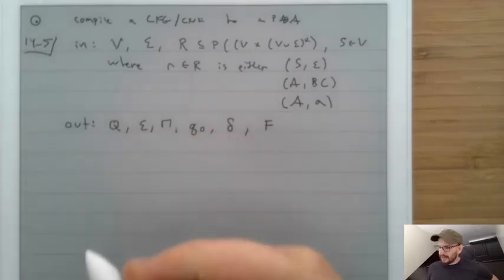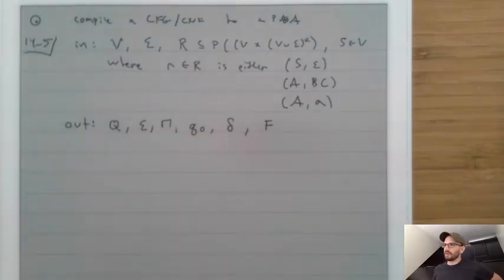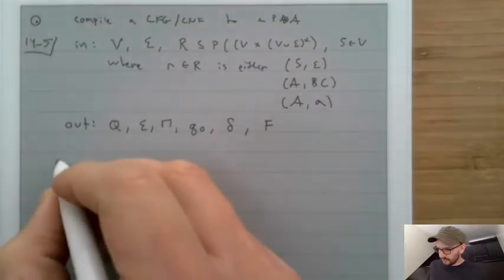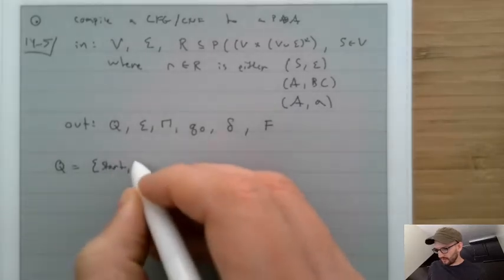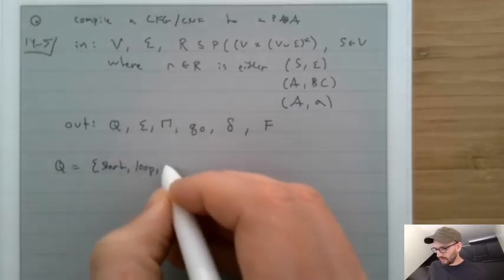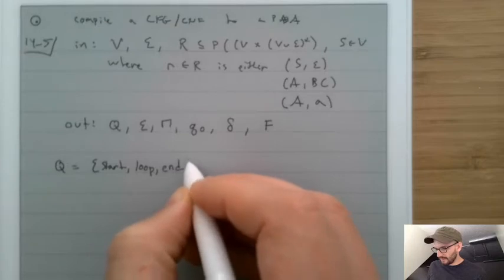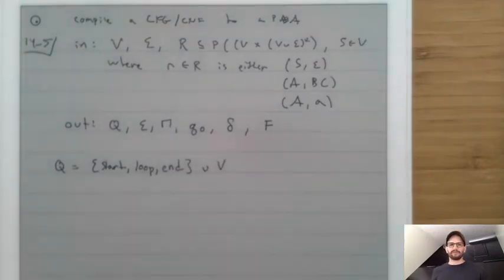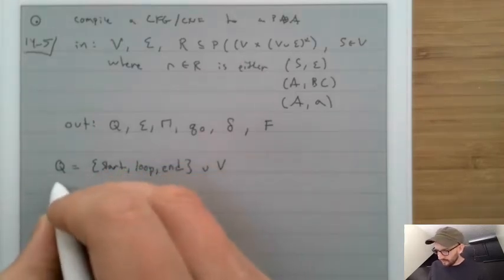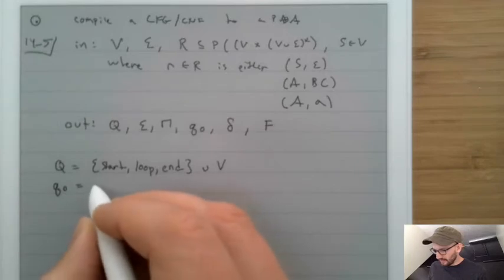So here's the way that it's going to work. Q is going to be start, loop, and end, plus a state for every variable. Q0 is going to be start.